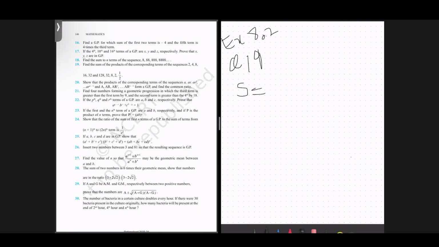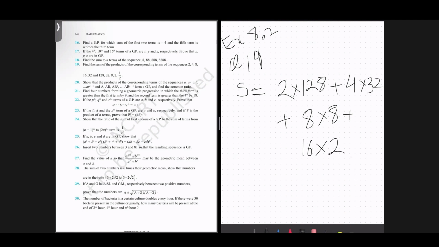So the summation would entail 2 into 128 plus 4 into 32 plus 8 into 8 plus 16 into 2 plus 32 into half. Right. This is what has been given to us as the sum.